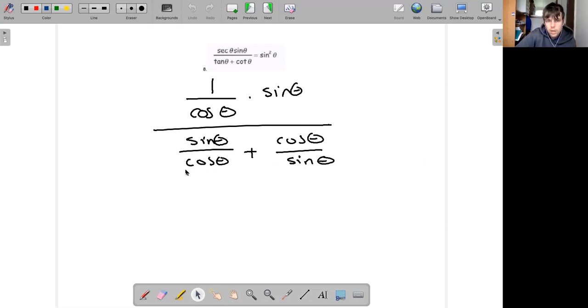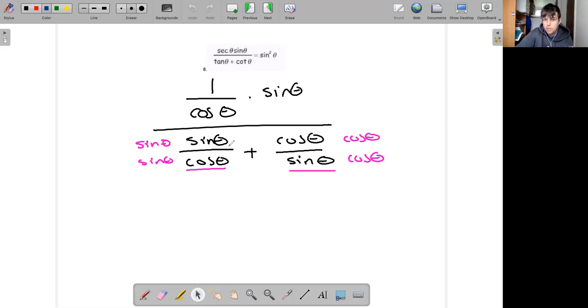Looking at our two denominators, we just multiply each fraction by the other denominator. So we multiply this one by sine theta over sine theta. We have to do the same thing to the top and the bottom to keep this valid. Same thing over here, but we multiply by cosine on the top and the bottom. That gives us a common denominator of sine theta times cosine theta.